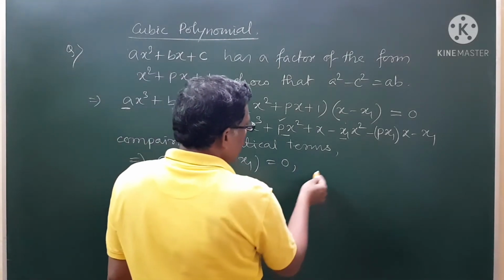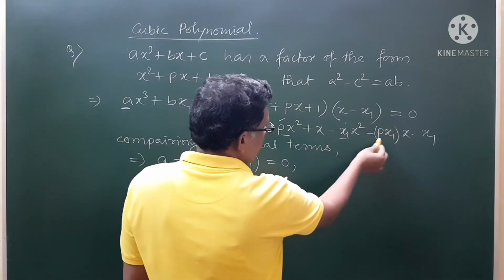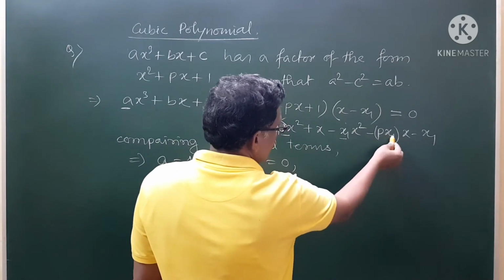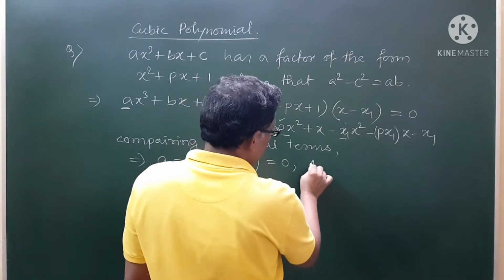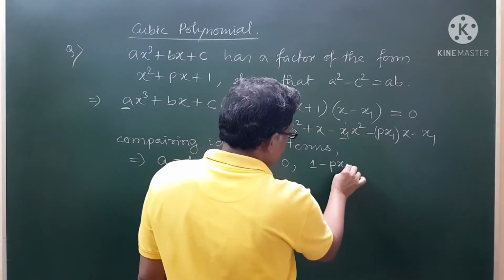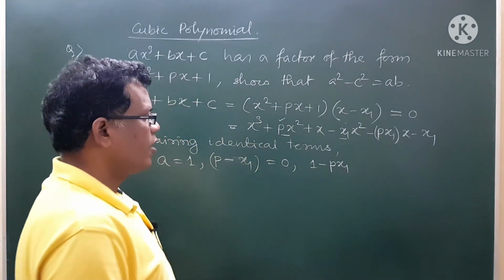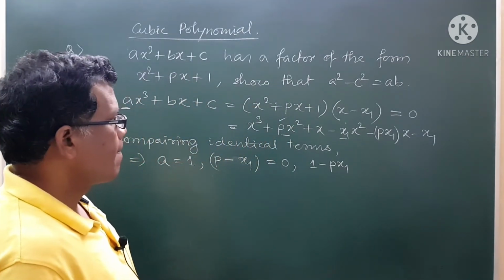Similarly, x carrying term, here it is 1 and here it is px1, so that means I can write down 1 minus px1, this is the total coefficient of x from RHS.